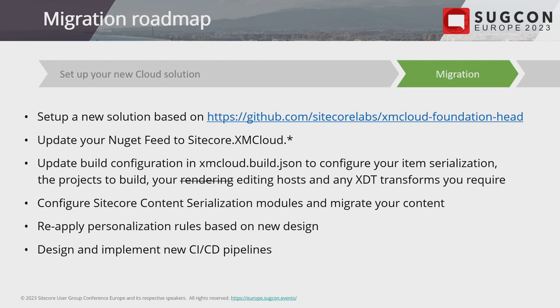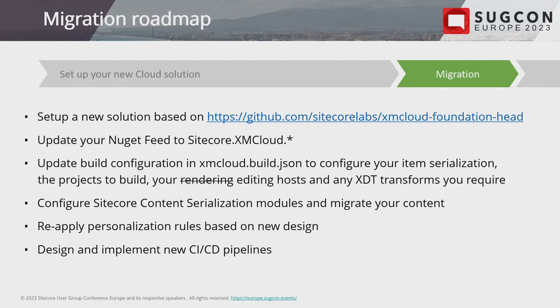The last step of the migration is setting up a new solution. You start with setting up a new solution based on, for example, well, that's actually my preference. Do not do it via the wizard, but set up a new solution, forking the XM Cloud Foundation Head repository, update the NuGet packages within your solution, and then update, these are all the default steps and they are well documented.